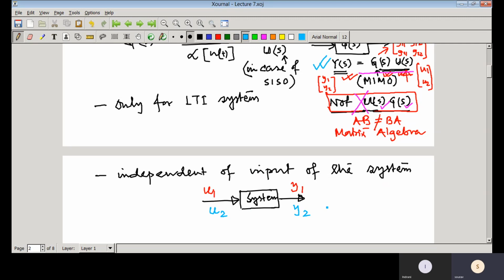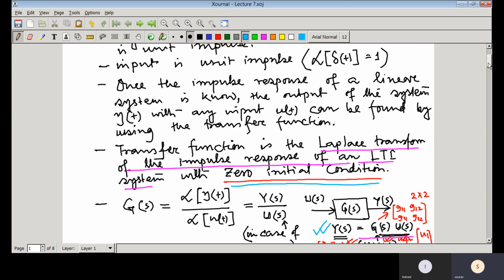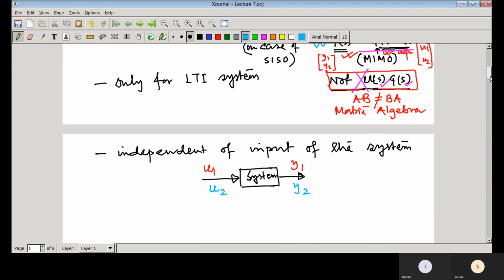The answer is no. The reason is, the definition says that it is the Laplace transform of the impulse response of an LTI system. Impulse response of an LTI system means if you apply a unit impulse, you will get some output, and if you take the Laplace transform of that output, it gives you the transfer function of that system.